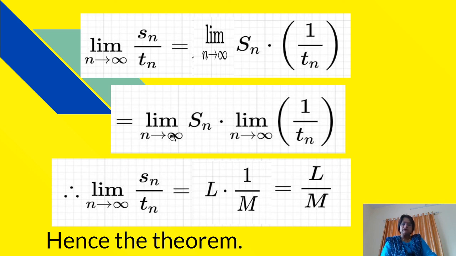Therefore, this is equal to limit of Sn as n tends to infinity into limit of 1 upon Tn as n tends to infinity. And therefore, limit of Sn upon Tn as n tends to infinity is equal to L into 1 upon M, which is equal to L upon M, and hence the theorem.